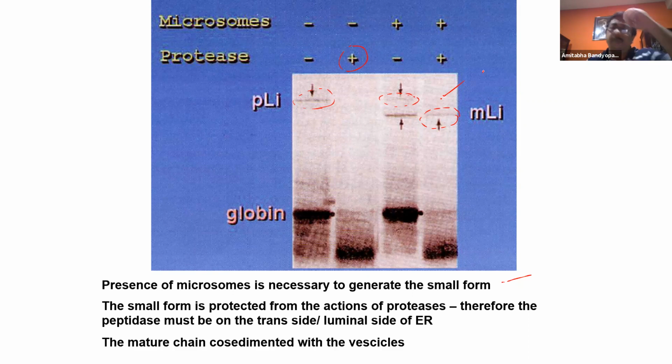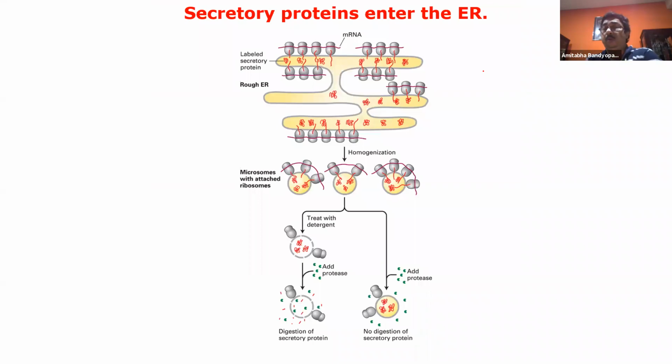They also did some centrifugation studies and demonstrated that the mature chain co-sedimented with the vesicles. So now we know that this is real: the secreted protein, as it is being synthesized, gets inserted into the ER membrane, into the ER lumen, and eventually is encapsulated within small vesicles.